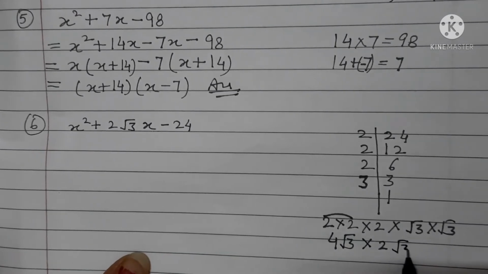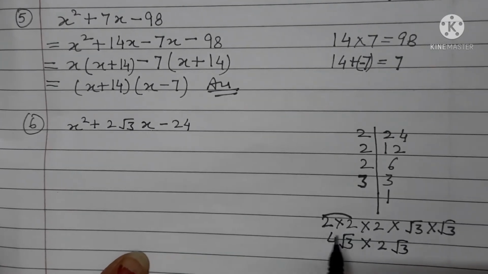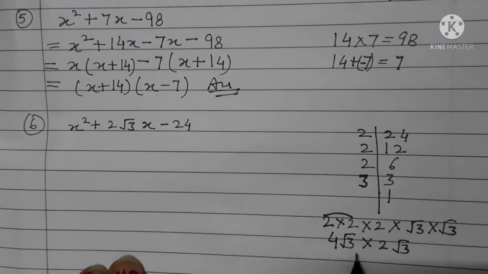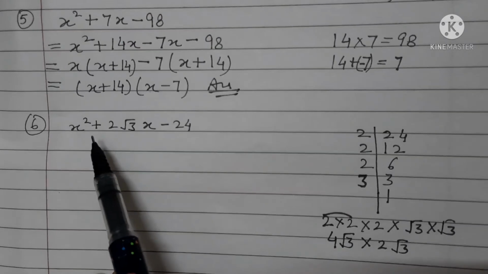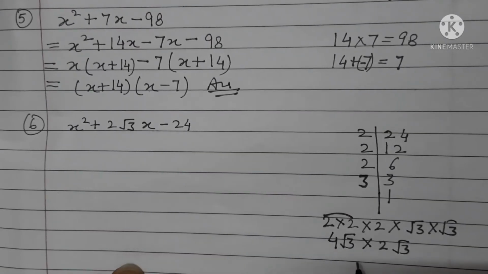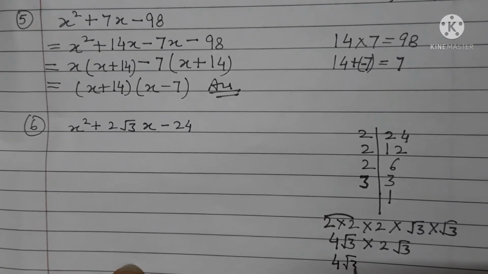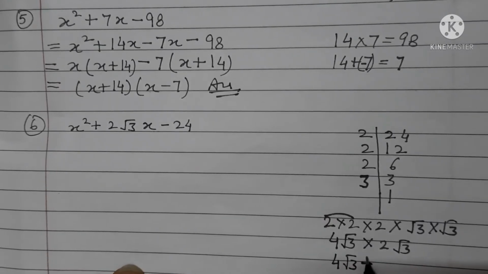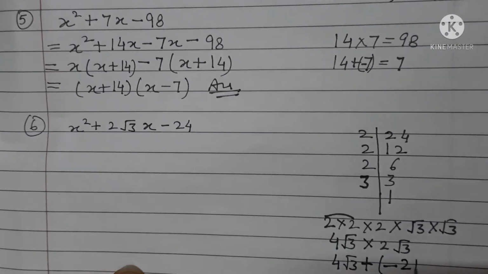So we have to make the product of these two numbers so that you get the sum 2 root 3. Now you can write it like this: 4 root 3 plus, and in the bracket minus 2 root 3.